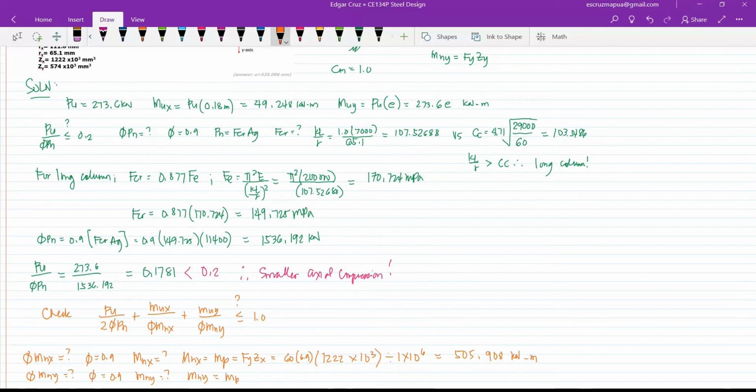And that would be FY times ZY. FY 60 KSI, convert to megapascal, 6.9, times the ZY. And ZY, from the given property, is 574 times 10 to the 3. That's Newton millimeter. Divide lang natin siya ng 1 times 10 to the 6 para maging kilonewton meter.